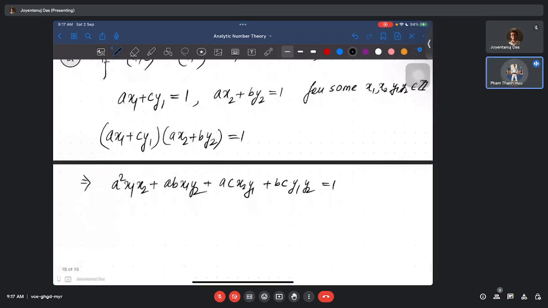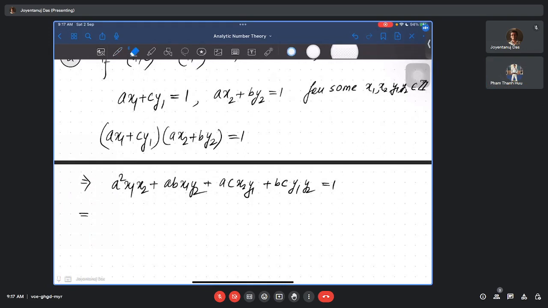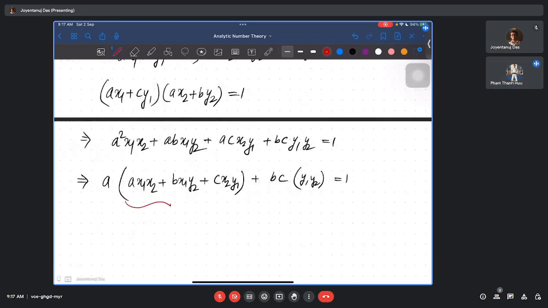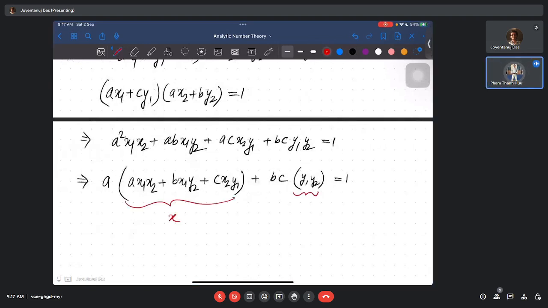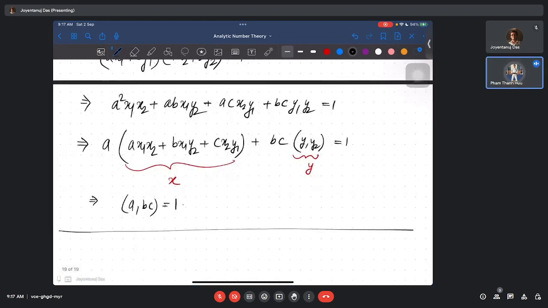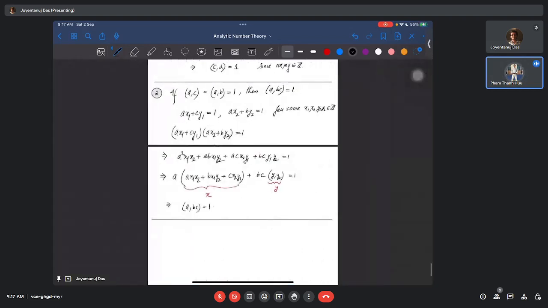But I can adjust, so I can take out a common A. So these are all integers. We can define this one as x and this one as y. So this implies that A and BC, their GCD is also one.